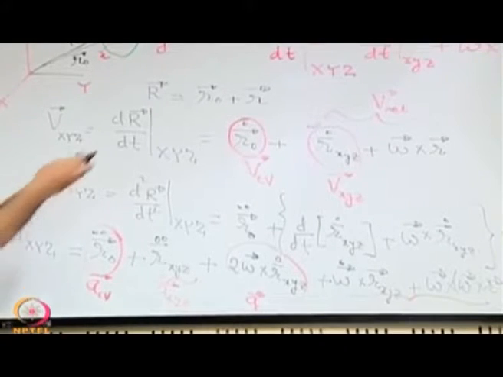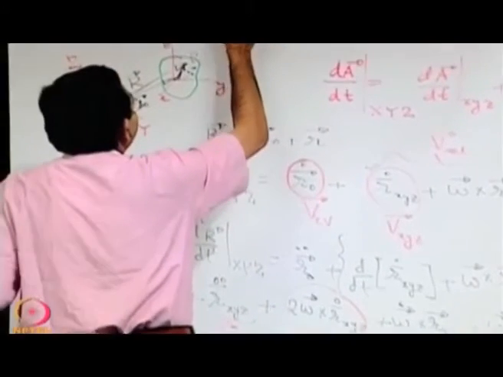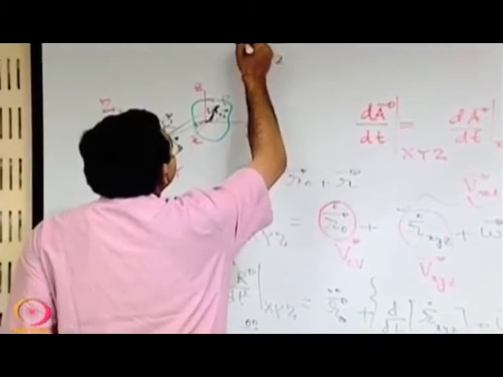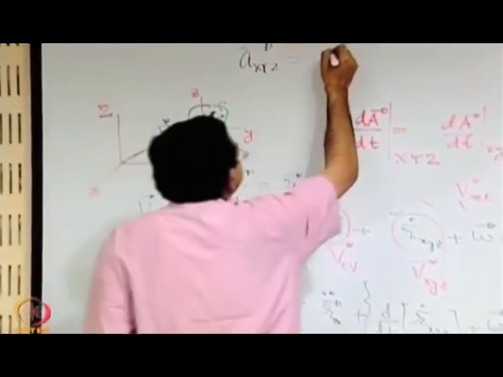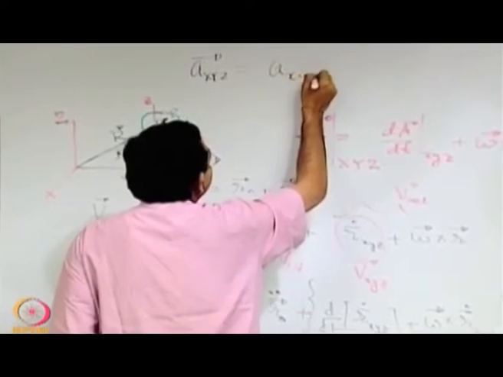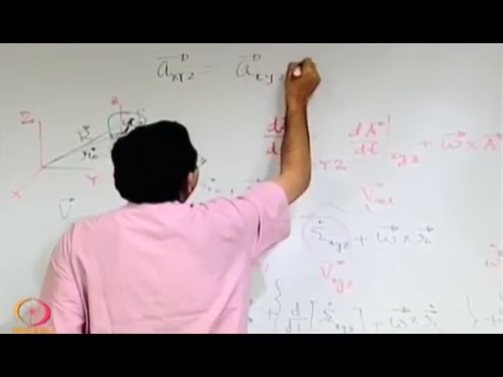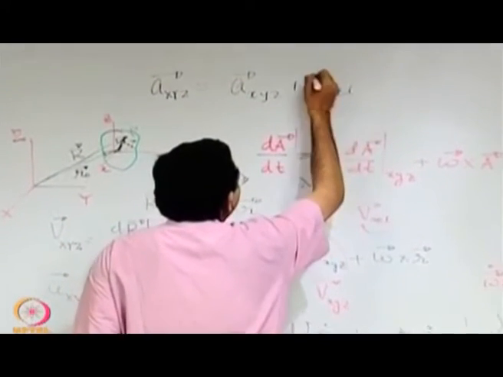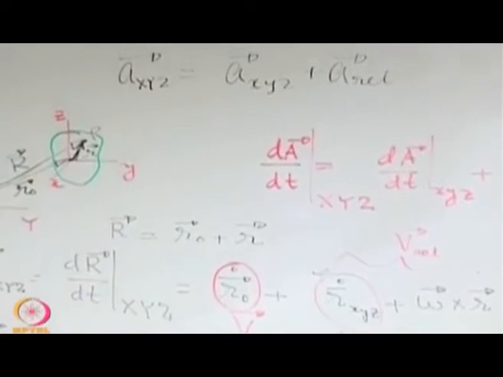So, we will just write A capital XYZ as equal to a small xyz plus, let us give all the other terms a name, A relative. This is just a name that we are giving.